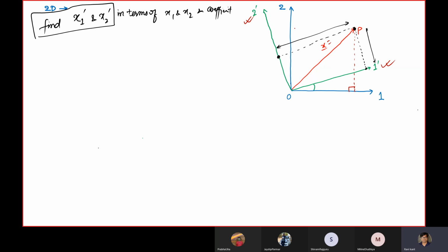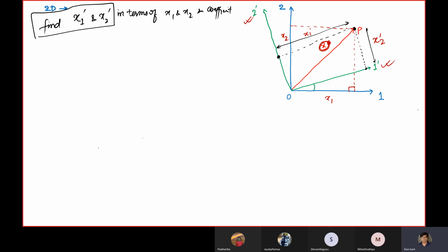These two will give you the components x1 and x2 in your usual coordinates. This x's components x1 and x2 I get in 1 and 2; what will its components be in 1' and 2'? This one is x2' and this length is x1', isn't it? And this is what I wanted: a relation between x1', x2' in terms of x1, x2.